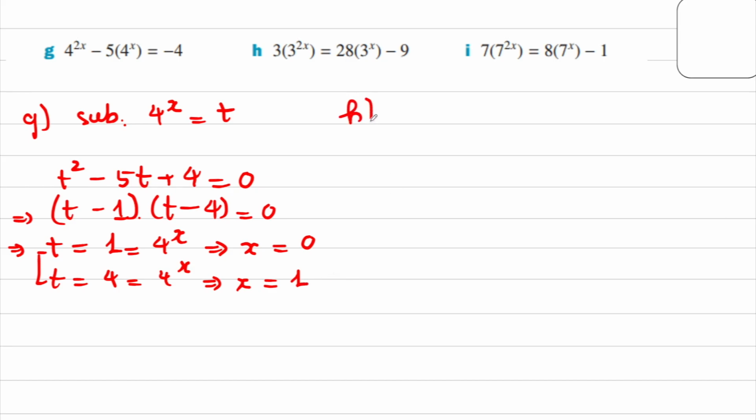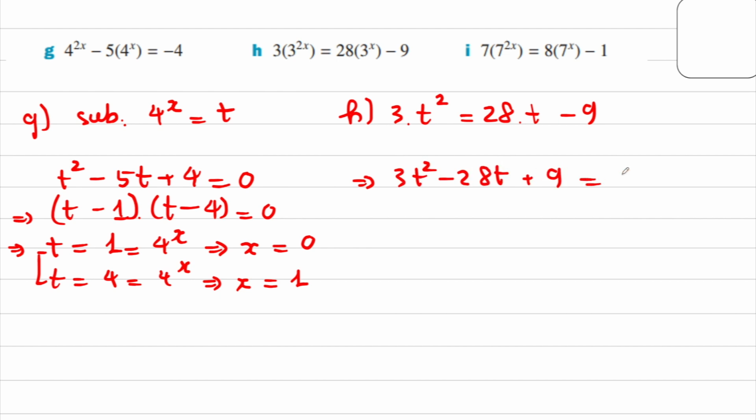And next one for question H, you got here 3t squared equal to 28 times t minus 9. Okay, so 3t squared minus 28t plus 9 now. Separate 28 into 27t and minus t one more time.